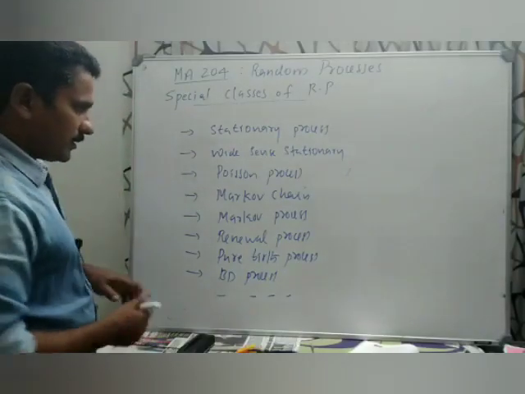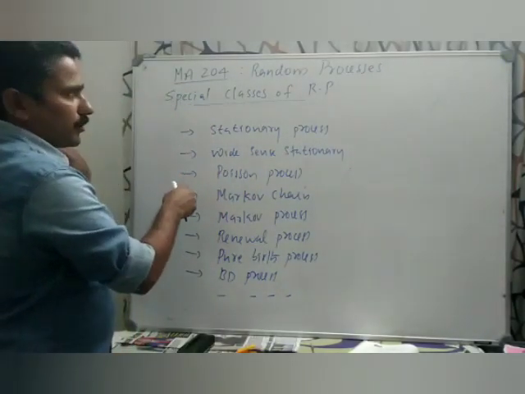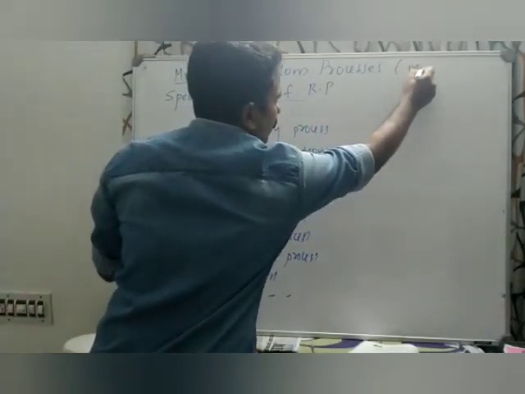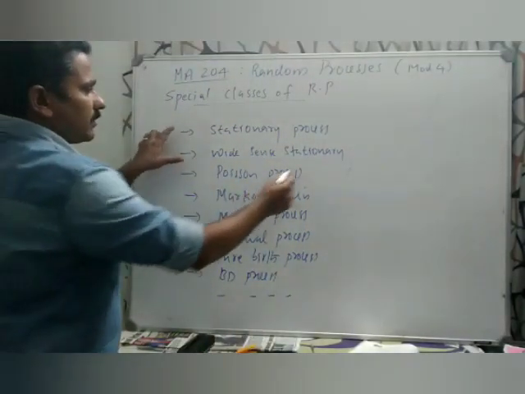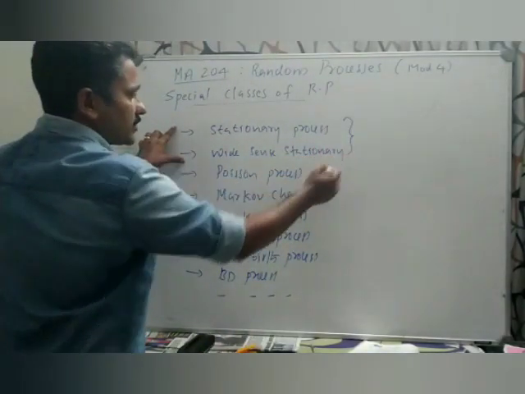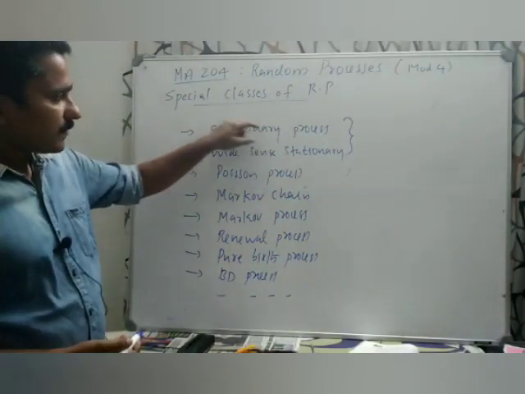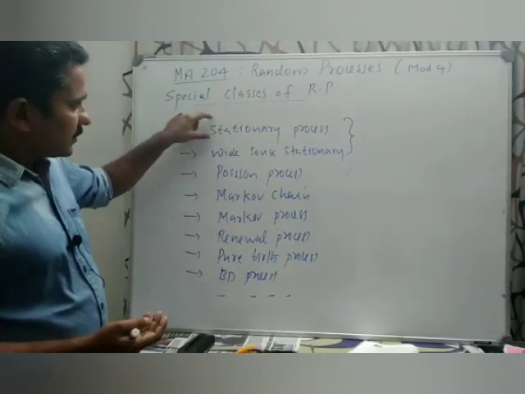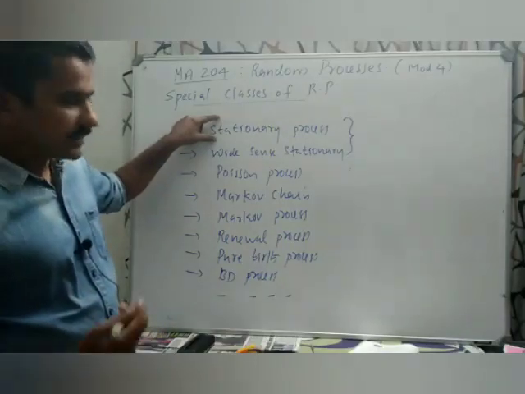In module 4, we are going to discuss only two kinds of processes, like stationary process. This one has certain very strong conditions, so dealing with stationary process is not so easy.